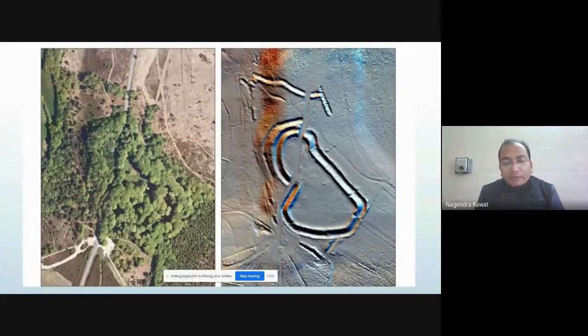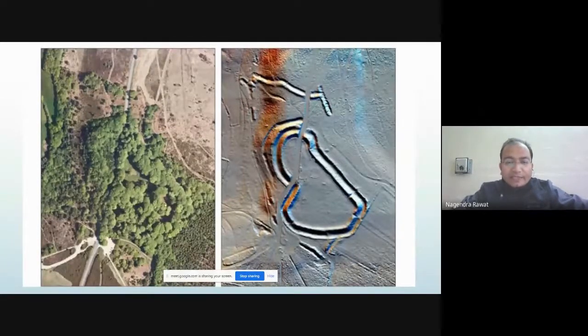But in modern archaeology, we first do our lab work with such remote sensing imagery, and then we go to the site after confirmation. So this is a very interesting and advanced technology being used in archaeological exploration.